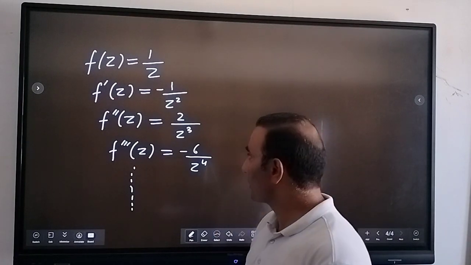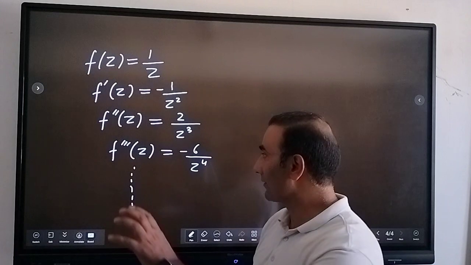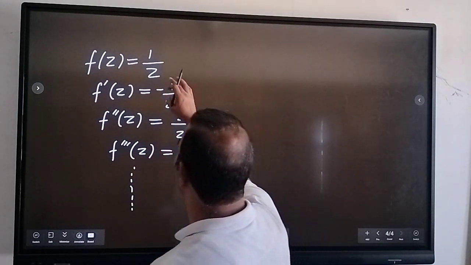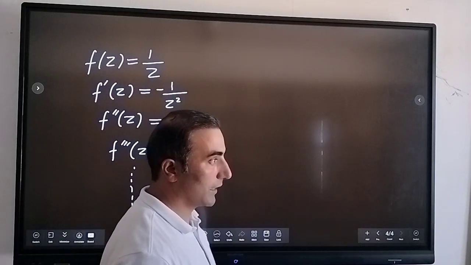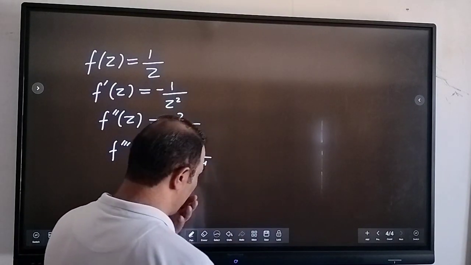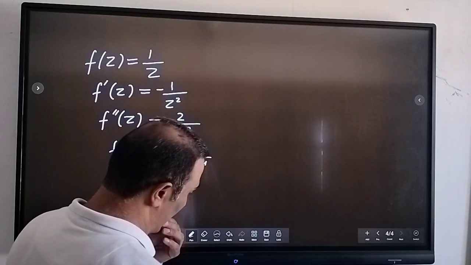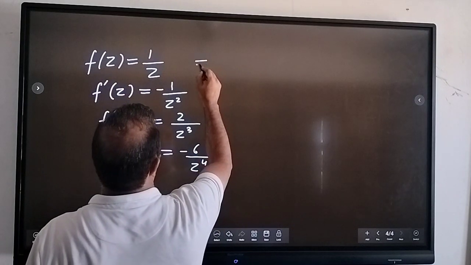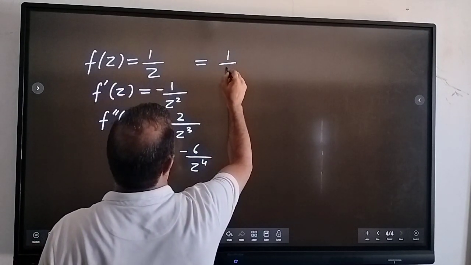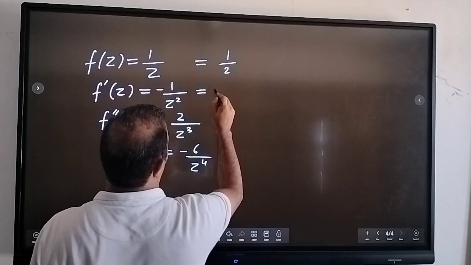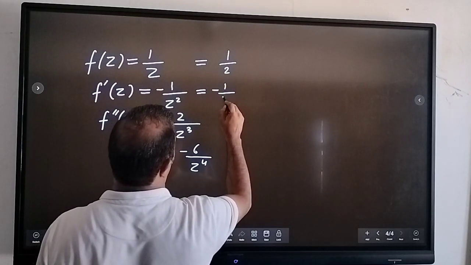First we can develop this series, because it follows some pattern here. You need to evaluate f of z at z0 equal to 2. So this will be equal to 1 by 2, and this will be equal to minus 1 by 2.